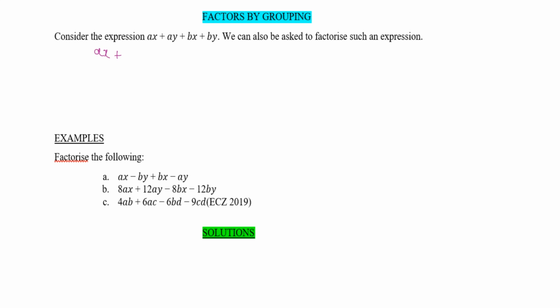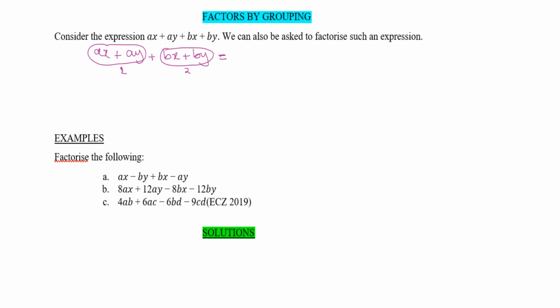Now, if we are given ax plus ay plus bx plus by, we can see that you can use factorization when we get this one as one group, and we can also use factorization when we get that one as one group. So for this one it has 4 terms and you put them in groups.